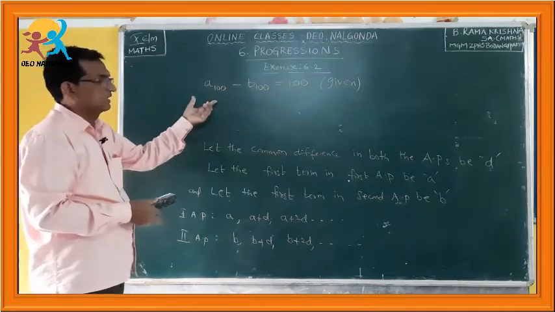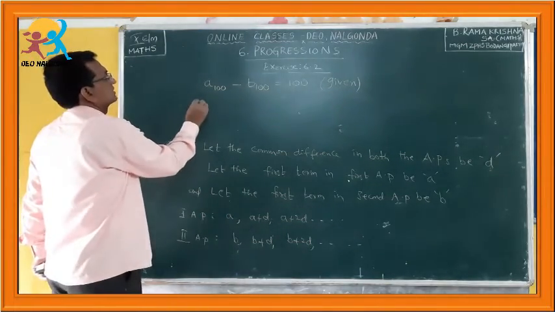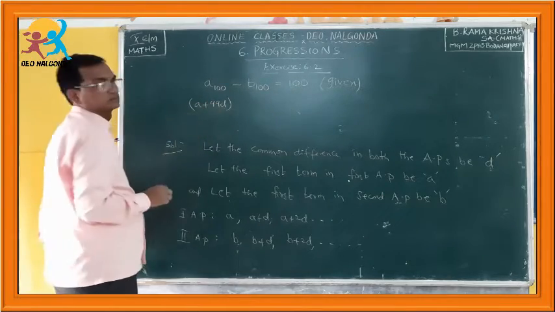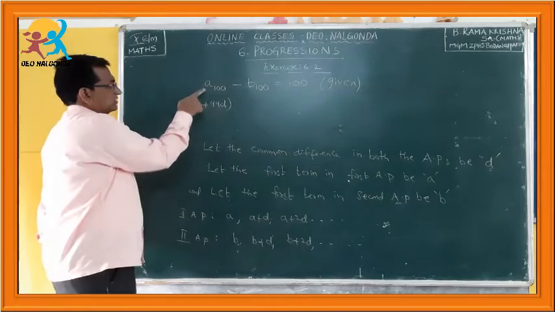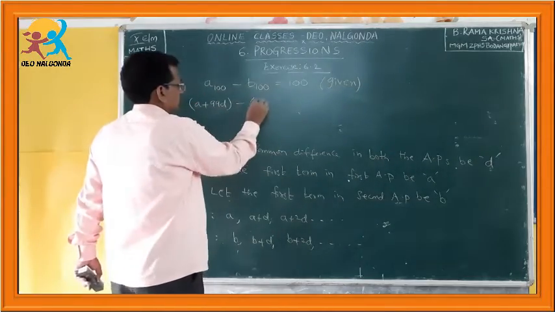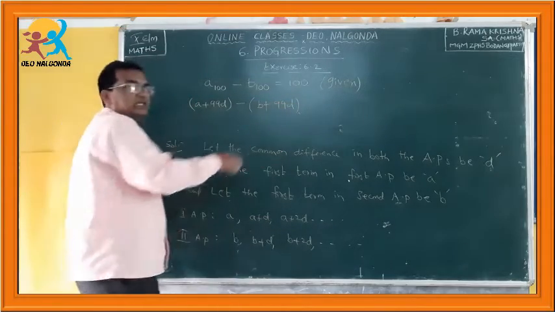Now substitute the values of A100 and B100. A100 is how much? A plus 99D. How did you get this? The first term is A, and 100 minus 1 is 99D. Minus B plus 99D. Here also D, why?